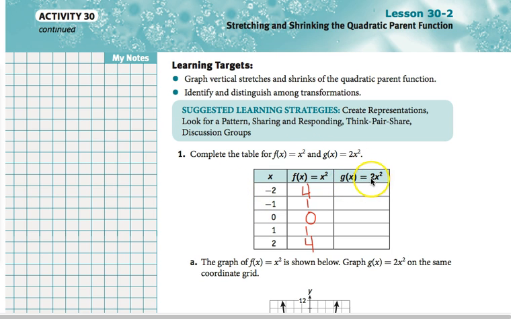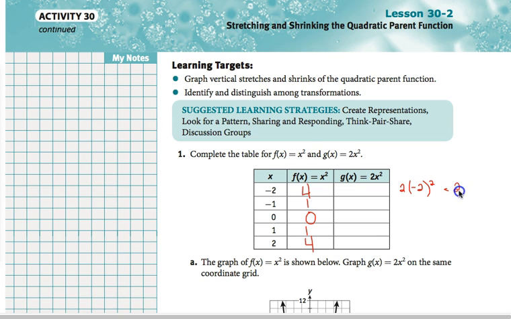Now g of x equals 2 times x squared. According to order of operations, we square the x first and then we multiply by 2. If you were just making this table, you would probably write out 2 times -2 squared. However, since we already have what x squared is, really we're just multiplying that by 2.